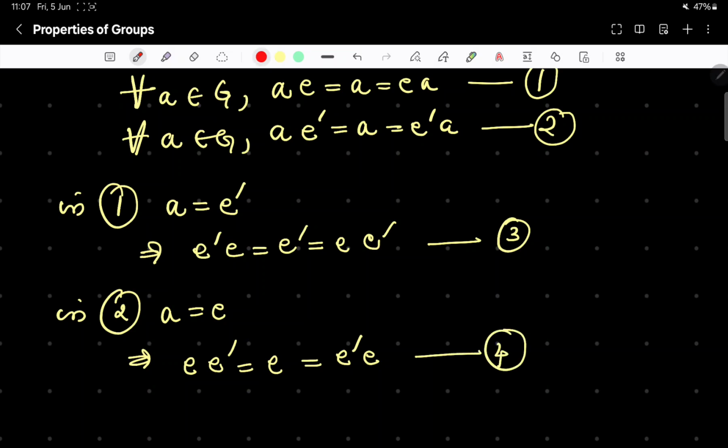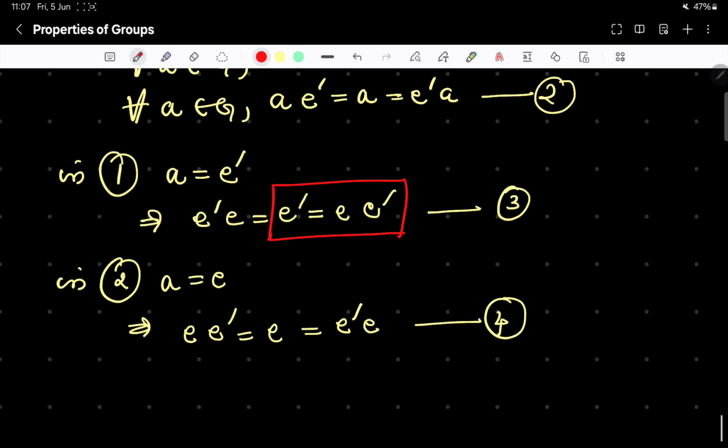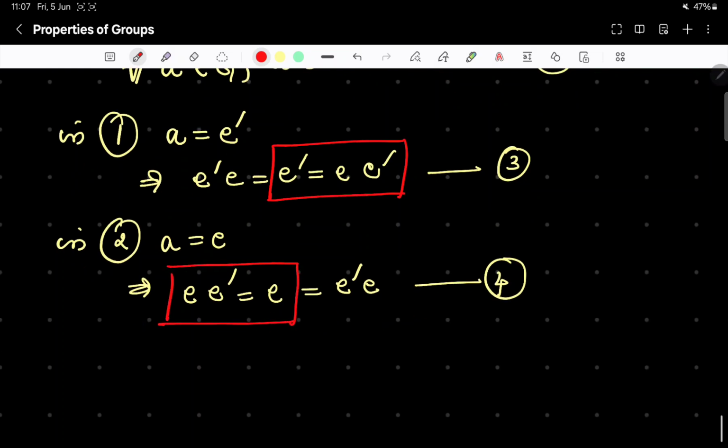So 1 and 4, I want to concentrate on this part. So let E E dash equal to E dash. Similarly here also E E dash is equal to E. So what I can do is from 3 and 4, this implies that the right hand sides, they are equal.